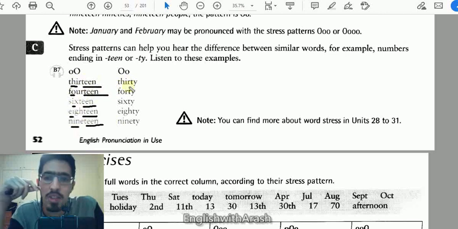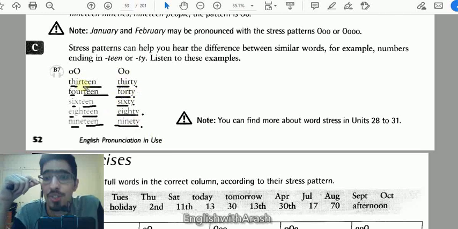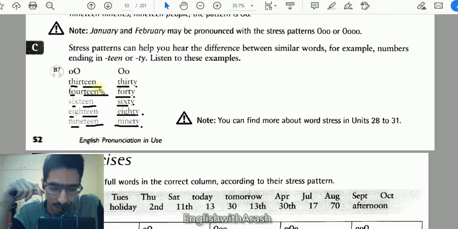Here we say 30, 40, 60, 80, 90. Okay, so stress goes on the first syllable. 30, 40. But here is 13, 14. Okay, and it applies to all those rules.